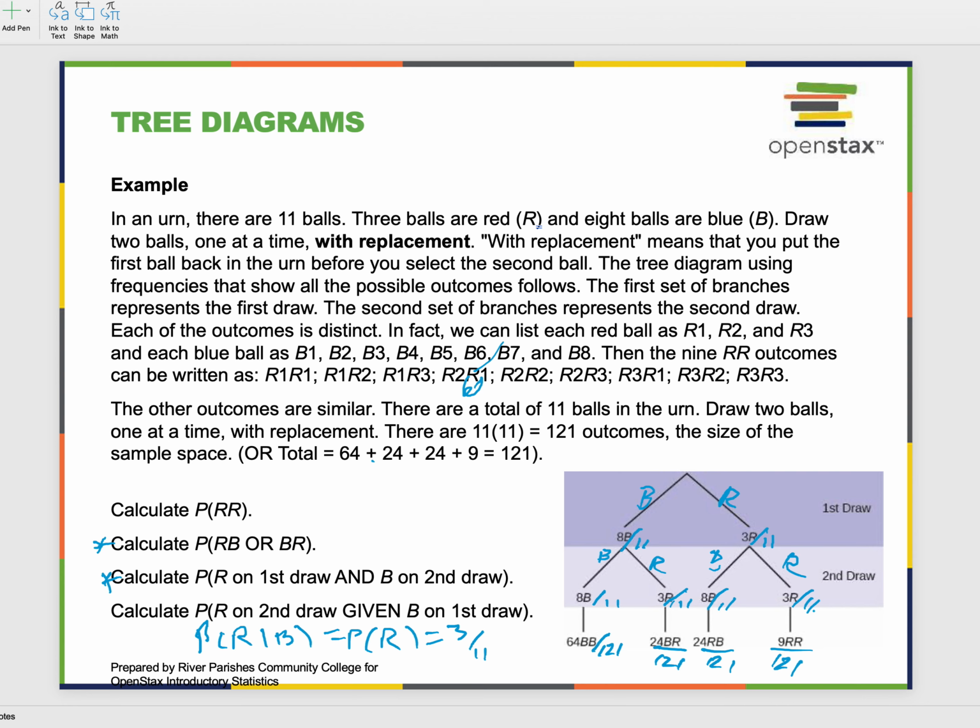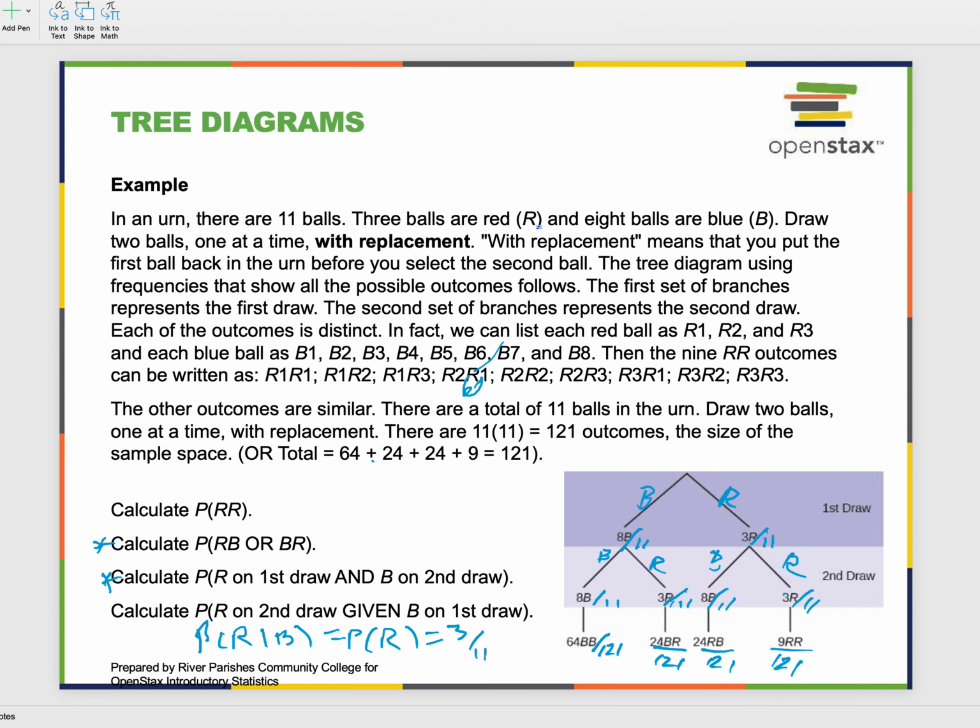So they didn't actually put the denominator in. And so each one of these branches, this is the conditional probability of getting a blue given you picked a blue first, and the probability of getting a blue given you picked a red first, it's still going to be the same, 8 out of 11, because we did replacement. The probability of getting a red given you picked a blue, 3 out of 11.